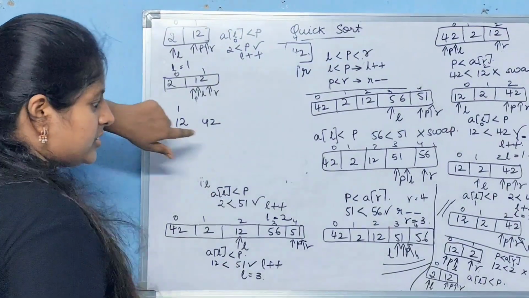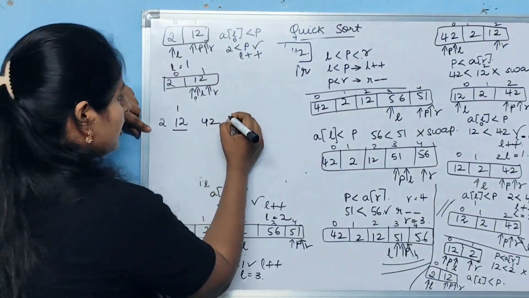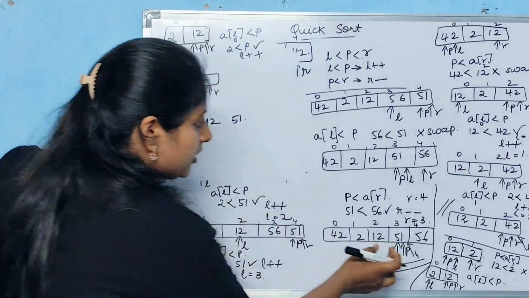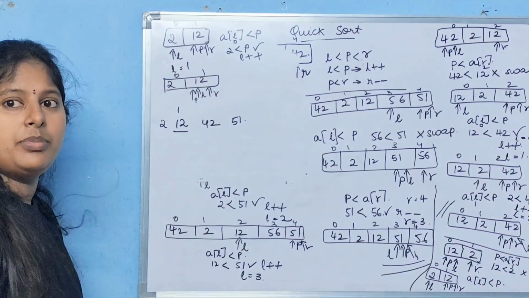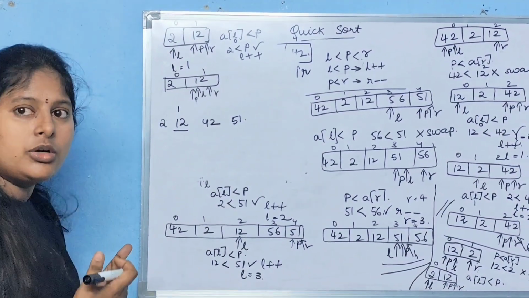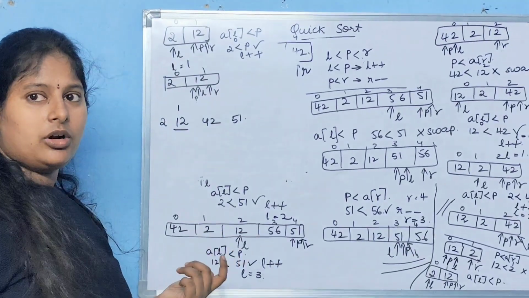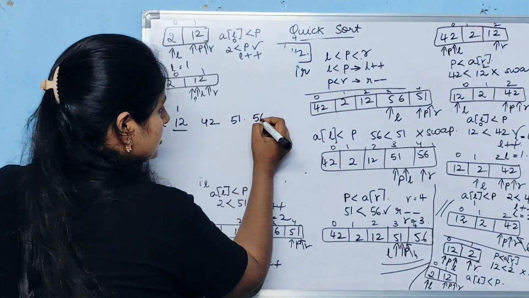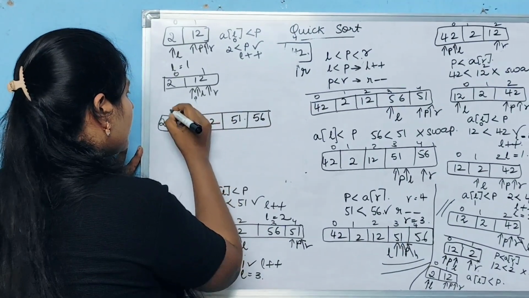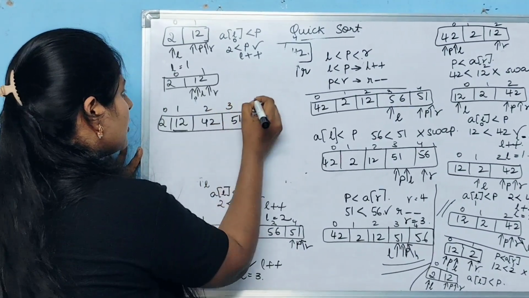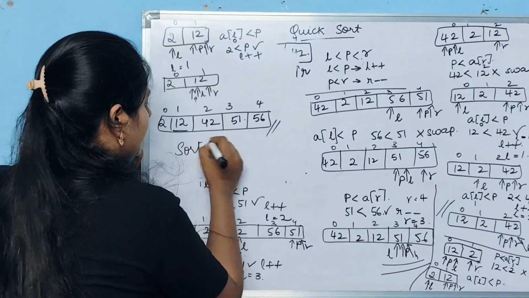It is also placed at its position. And what is that previous pivot? 51. After 51, in case there are more elements, I have to keep comparing and do the operation for those elements also. Since there is only one element, I need not do anything. So 56. This is the sorted array.